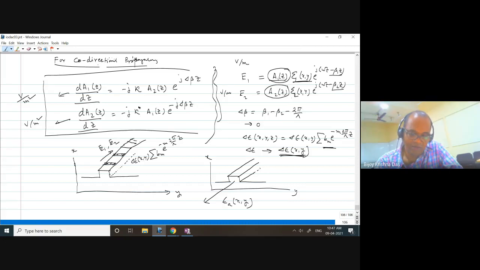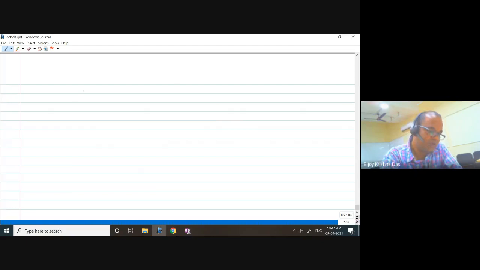Suddenly, if you just apply stress in the longitudinal direction, probably you can consider it like that. One easiest form of describing that is to suppose two modes are propagating, and just consider the top view. This is your one waveguide in the Z direction, and two modes are propagating.